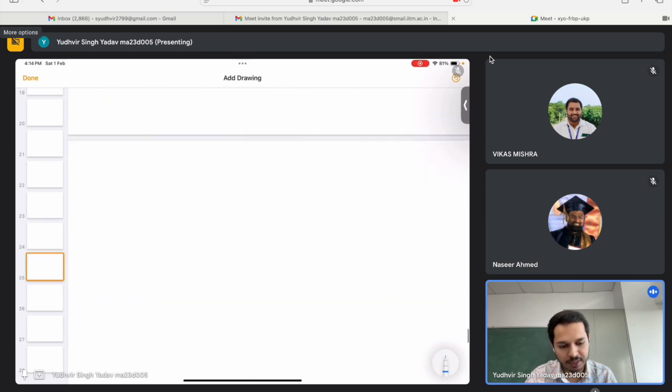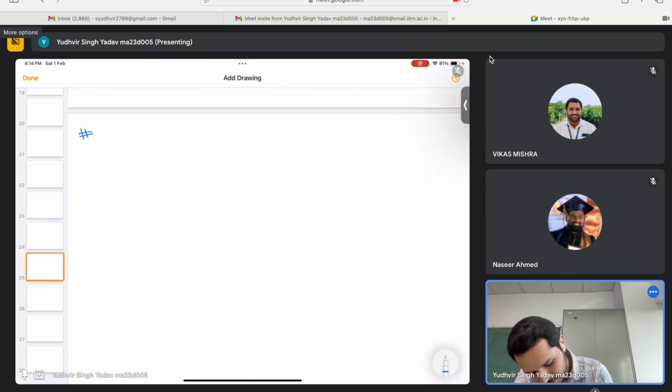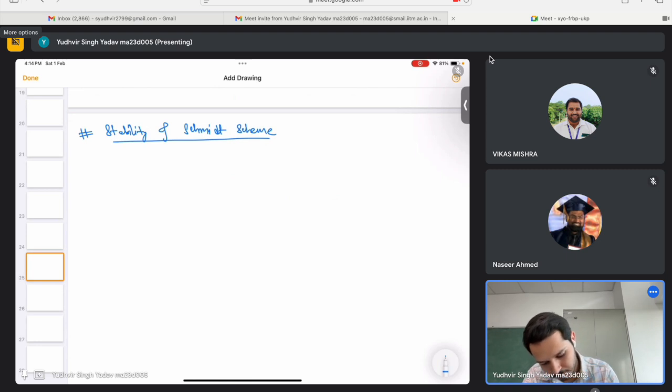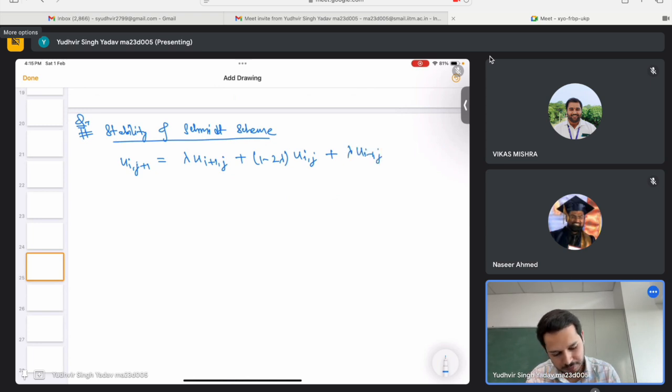So first we will discuss the stability of the Schmidt scheme. The scheme is u_i^(j+1) = lambda u_(i+1)^j + (1 - 2 lambda) u_i^j + lambda u_(i-1)^j.